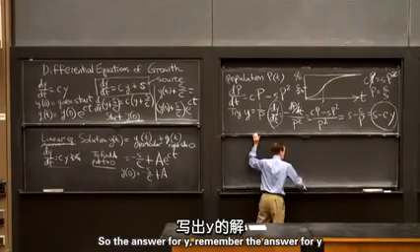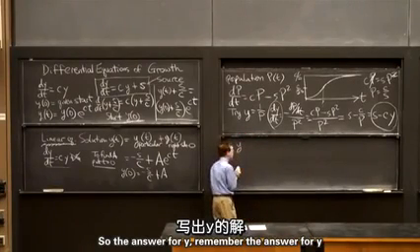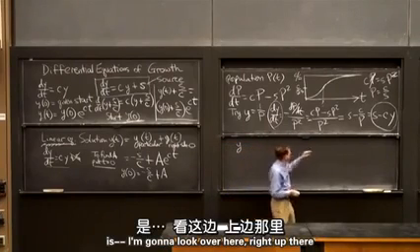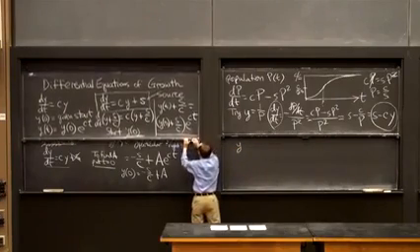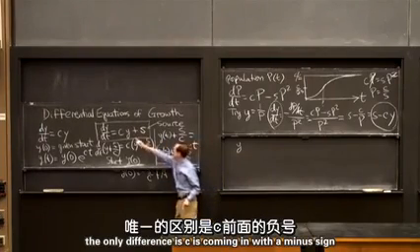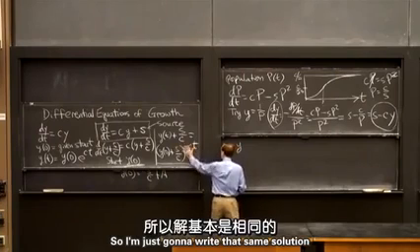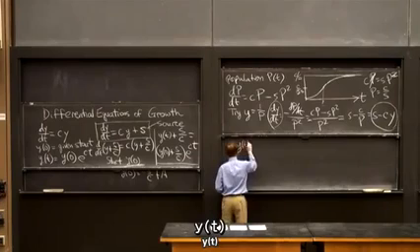So the answer for y, you remember the answer for y is, I'm going to look over here, right up there. This is our equation. The only difference is c is coming in with a minus sign. So I'm just going to write that same solution. May I just copy that here? y of t.